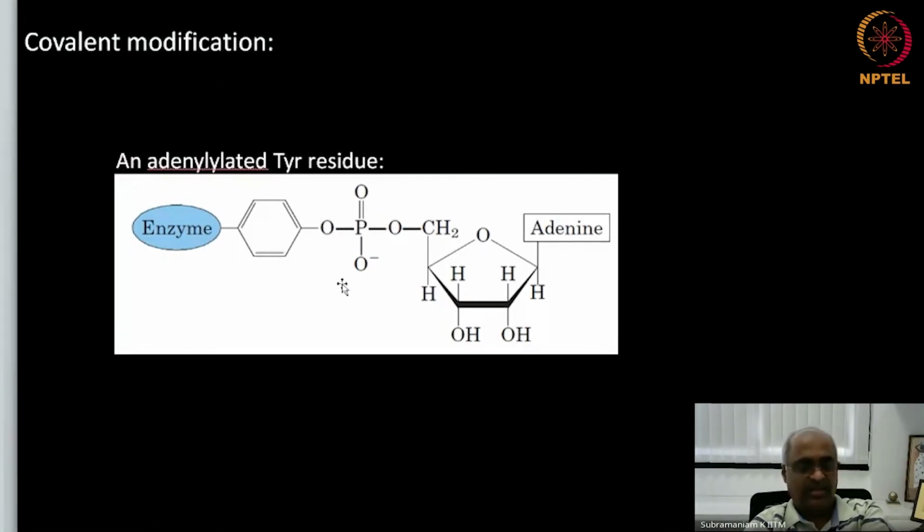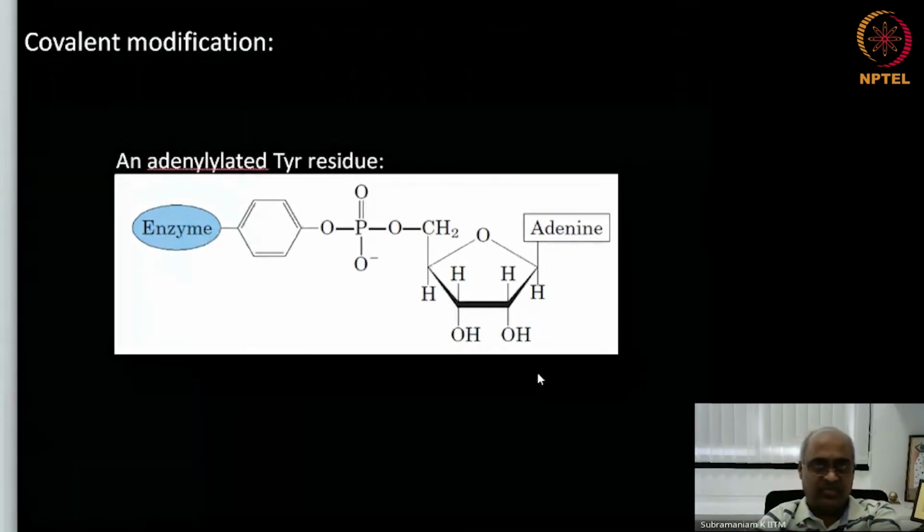That is in ester bond with a phosphate, and that phosphate is part of this AMP. Okay, so adenine, ribose, and then a single phosphate. So this ester between AMP and the tyrosine residue of the enzyme is the covalent modification here. This is the adenylation.